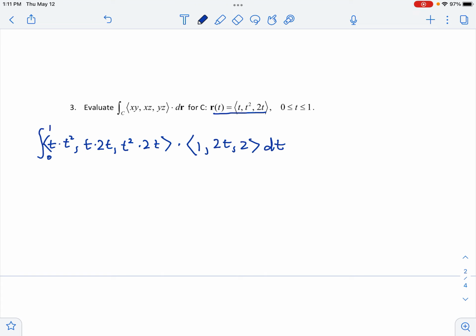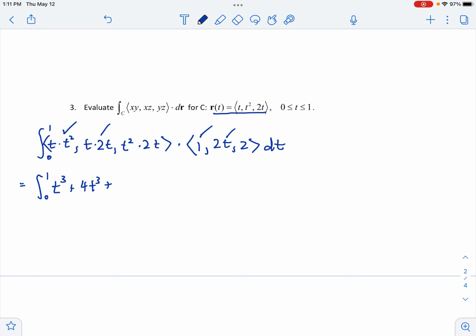See? So you're going to do the dot product. So let's see what we get here. We get 0 to 1. And this is going to be t cubed times 1. That's t cubed. Okay, so this times this. And then this is 2t squared times 2t. That's going to be 4t cubed, right? 2t squared times 2t, that's 4t cubed.